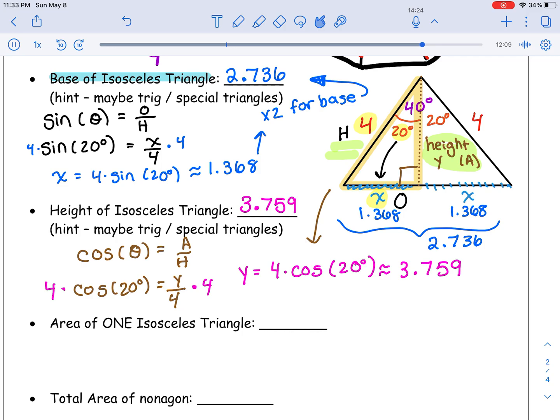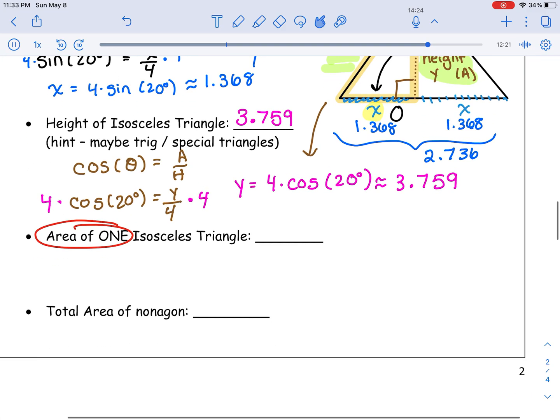Once we have that, I want to find the area of one isosceles triangle. That's my base times my height, divided by 2. So base, height, divided by 2.